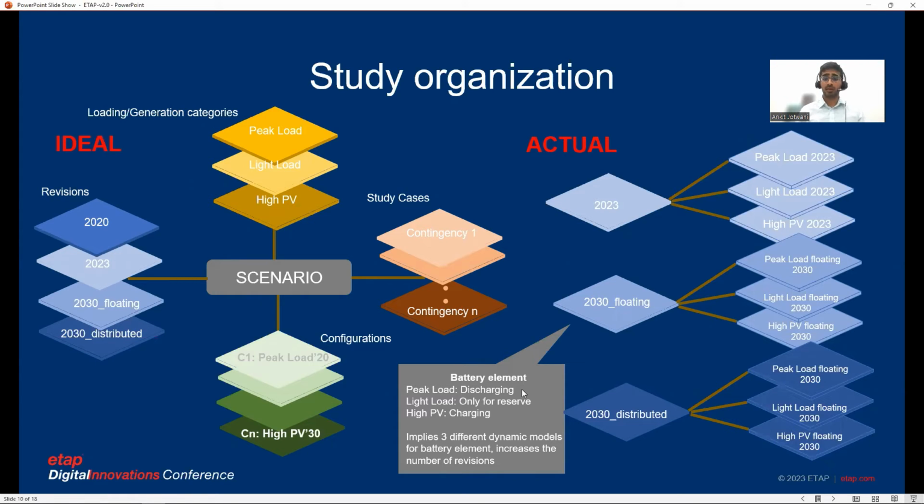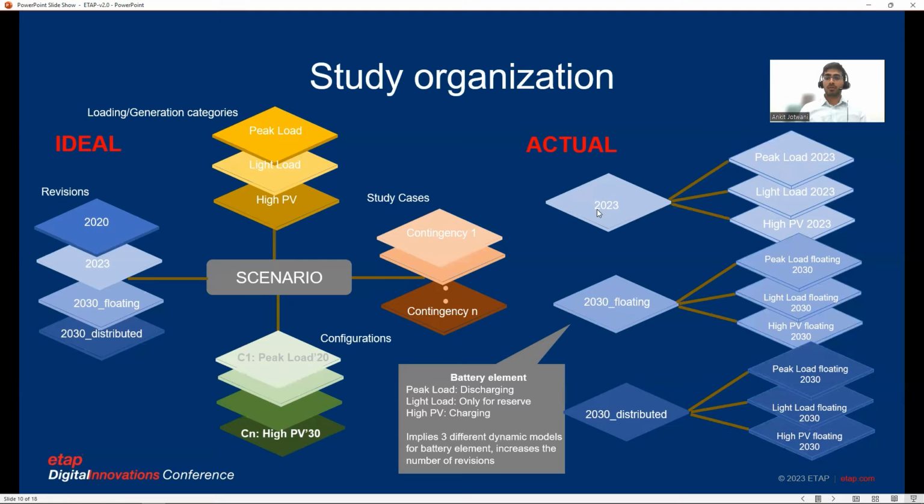For the battery element, the idea was to have it discharging during the peak load case, charging during the high PV case, and only used for reserve during the light load case. So the model had to have three different reference set points depending upon the case, which meant we had to use three different dynamic models, because reference set points are not linked to the load flow in ETAP, and it can only be done by having different models for the same element.